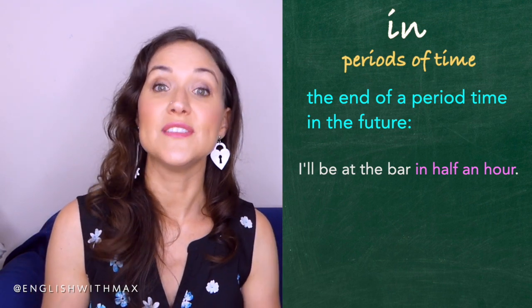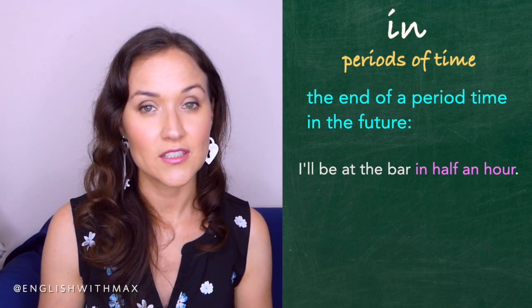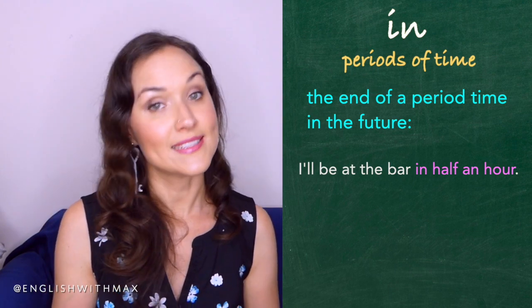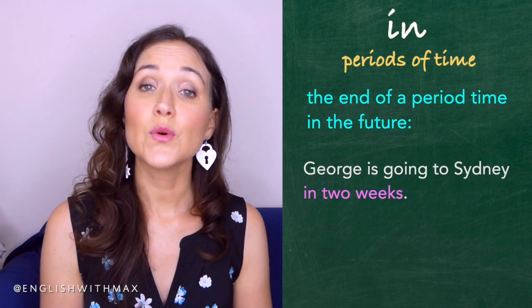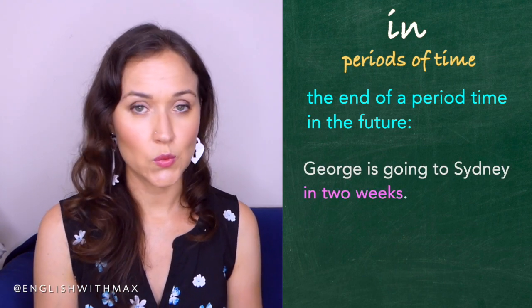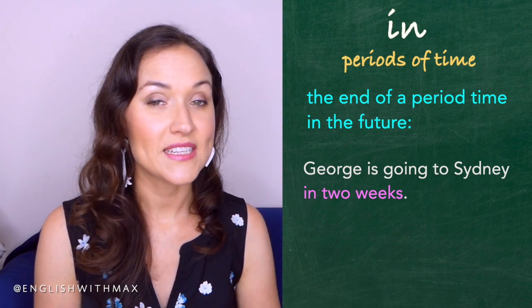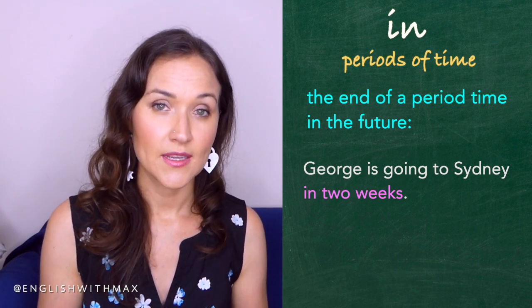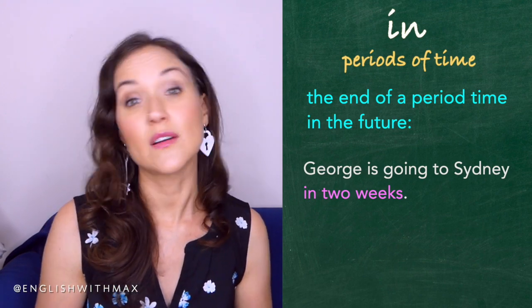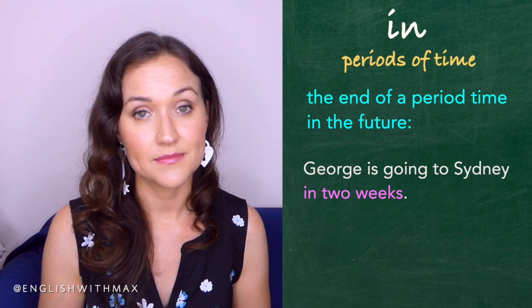That means that if it is now 8 o'clock, I'll be there at 8:30. Another example, George is going to Sydney in 2 weeks. That means that if today is the 1st of April, he's going to Sydney around the 15th of April.